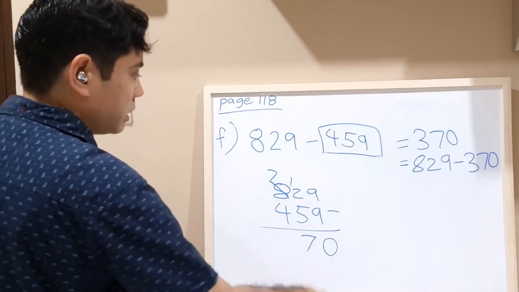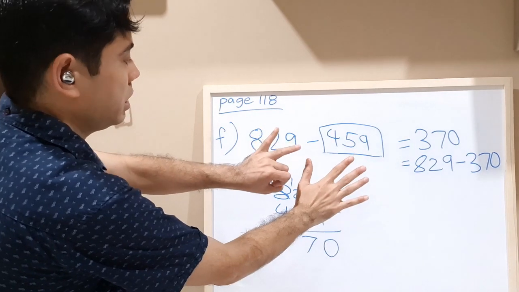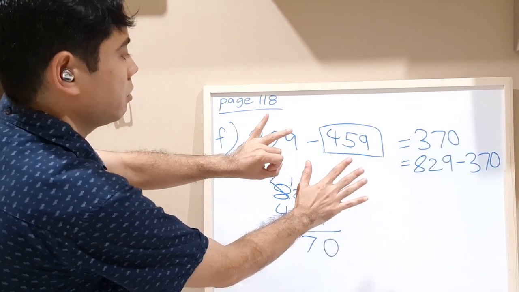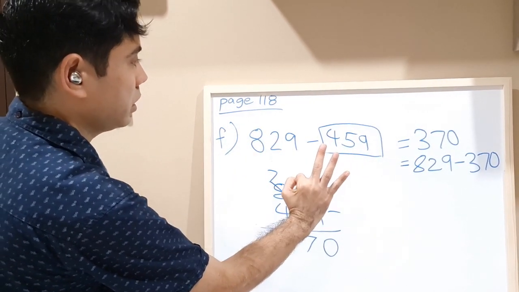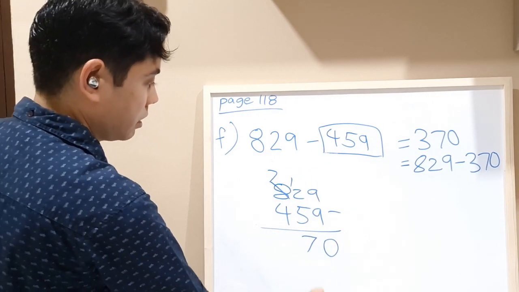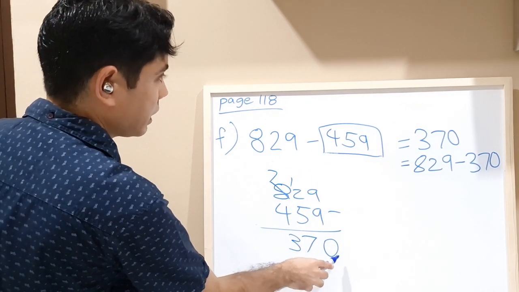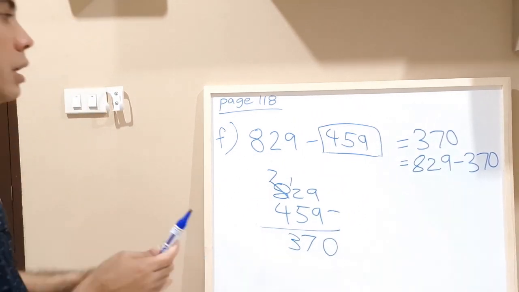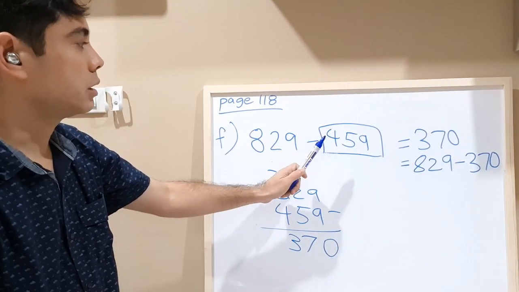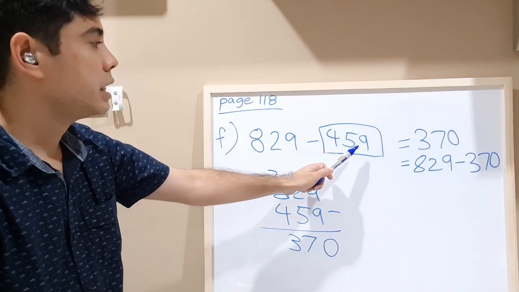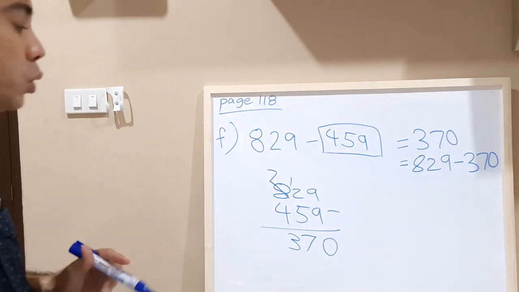And then 7. Take away 4. 1, 2, 3, 4. The number is 3. 370. It's the same. So we have the correct answer. 459. Now let's go to letter G.